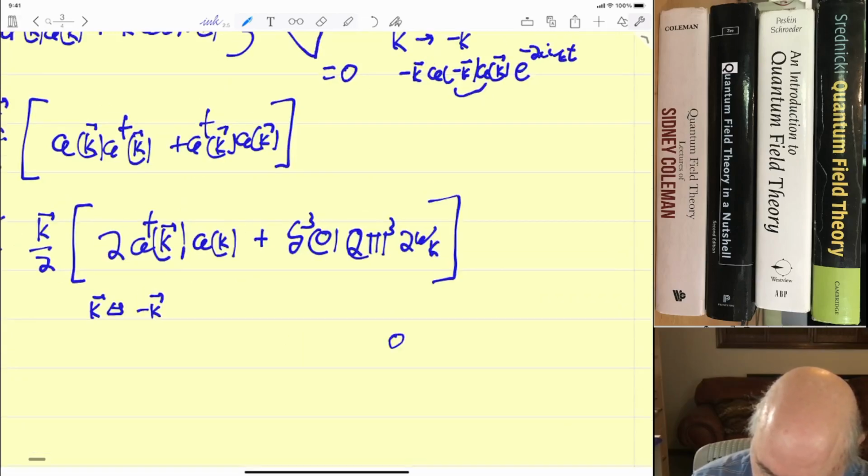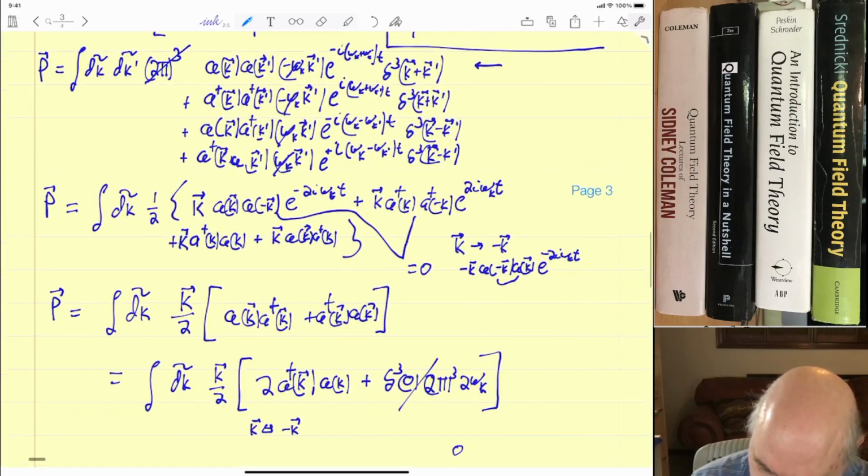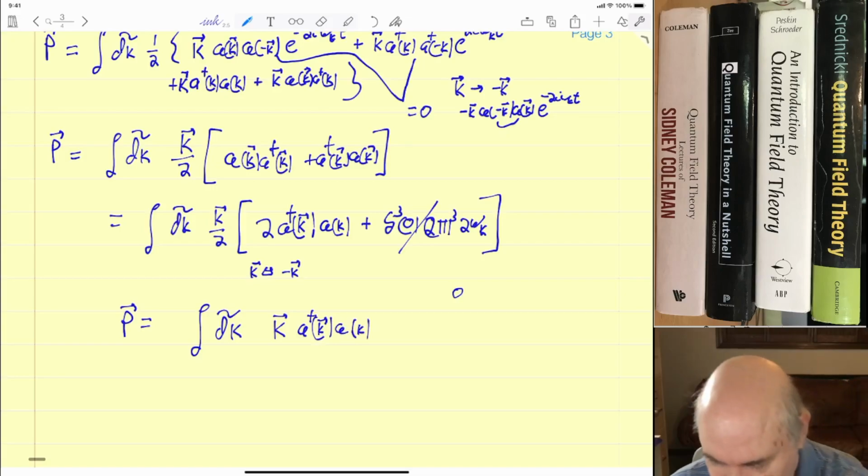So we don't have to worry about the 0 point momentum. So finally we get p is equal to the integral of d tilde k, k, a dagger k, a k. So it's a nice result.